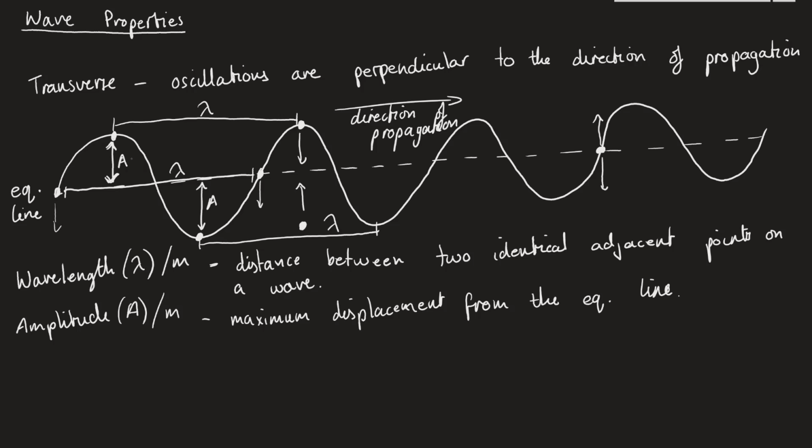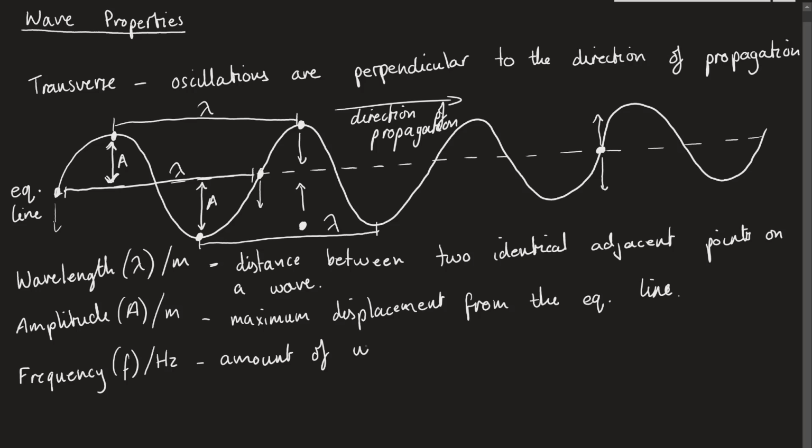We could also have a property called the frequency, which you will be familiar with. The frequency, we give the symbol F, and it is measured in hertz, and the frequency is the amount of waves that pass a point per second.